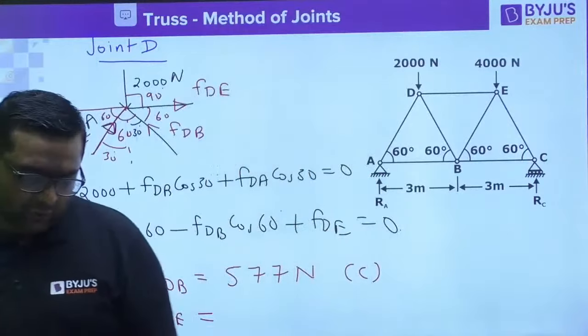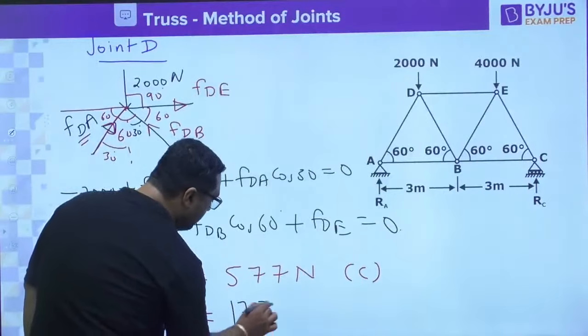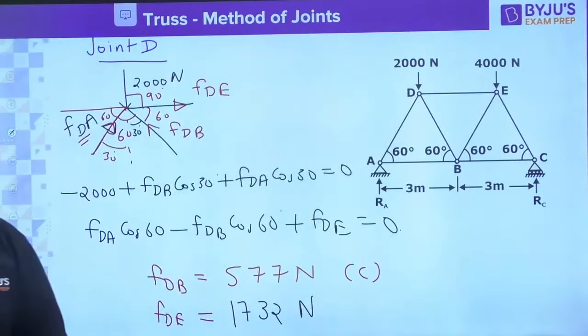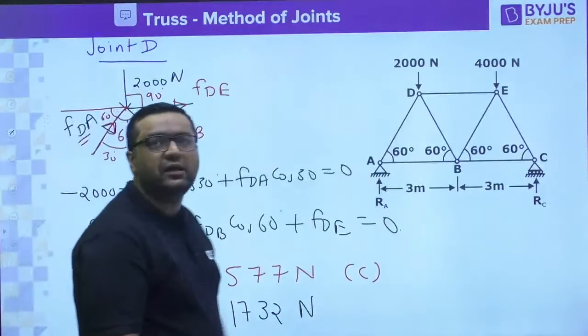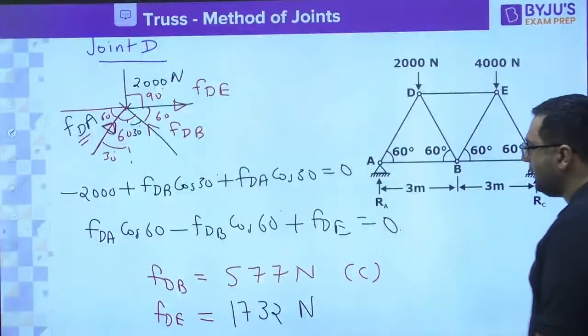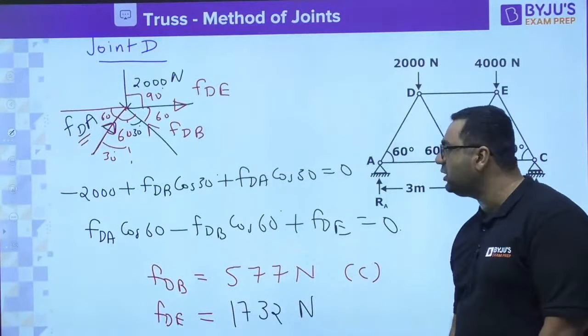What is the second value? The second value will be coming out to be 1732 Newton. You will be getting 1732 Newton, and it will be coming out to be negative, I feel. If it is coming out to be negative, we are correcting the direction.